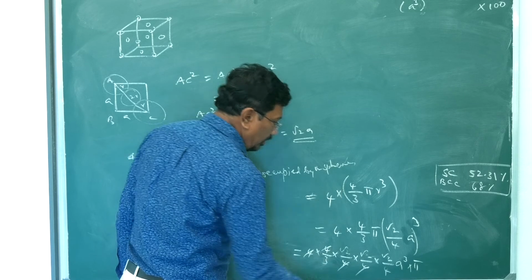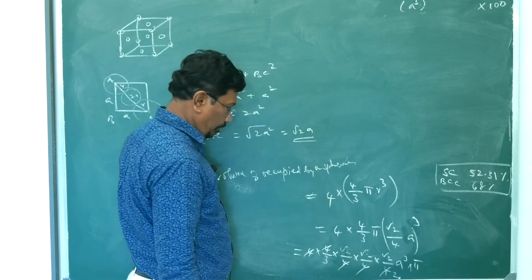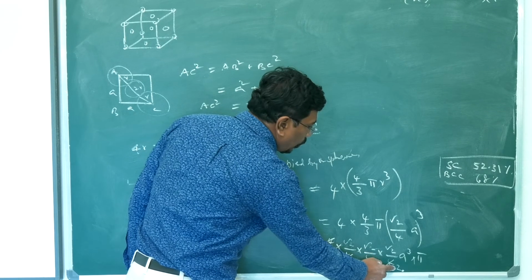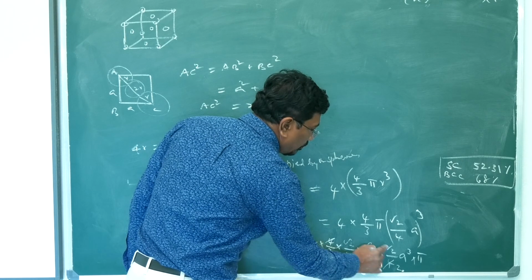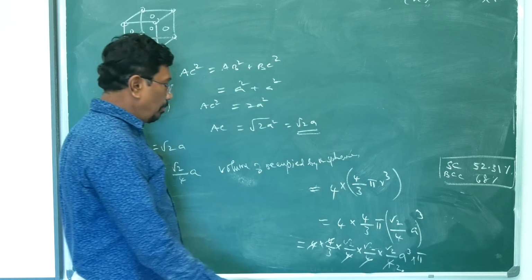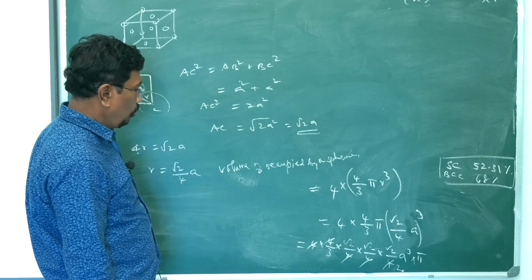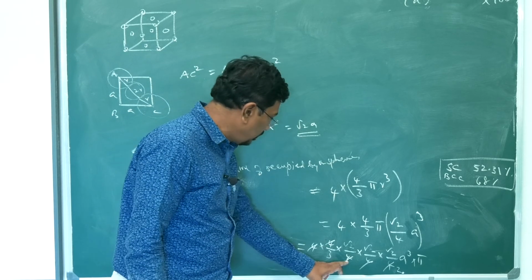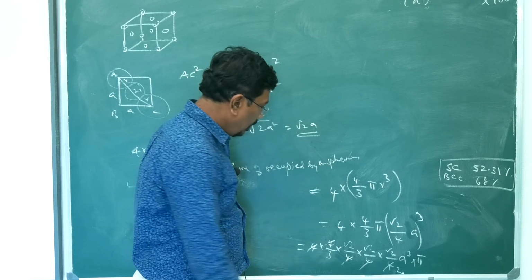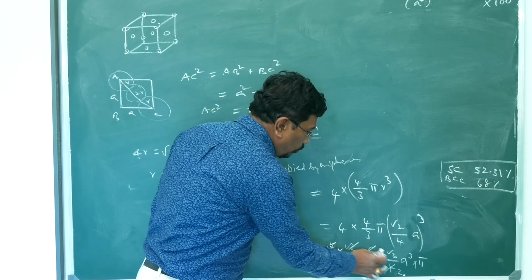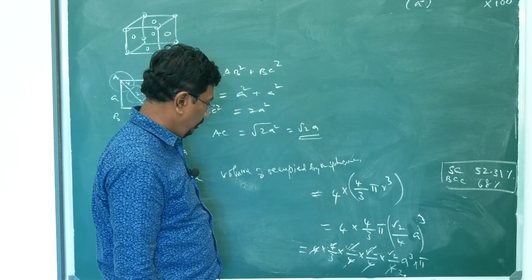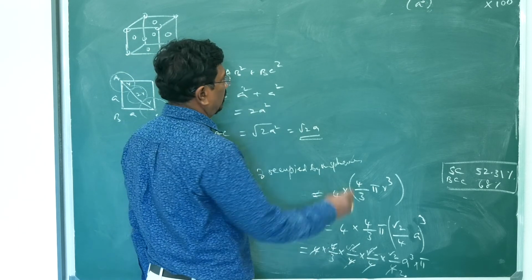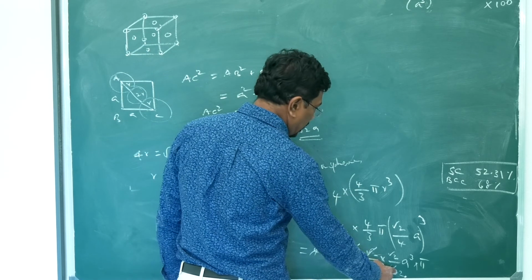When I cancel, it will give 2. Therefore, when we cancel out the root 2 and 2, we will be getting root 2 at the bottom. 4 and 4 get cancelled. Root 2 into root 2, 2. Therefore, root 2 by 6. Let it be like this. So root 2 by 6 pi a cube.